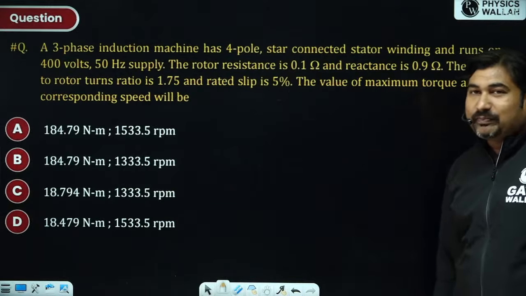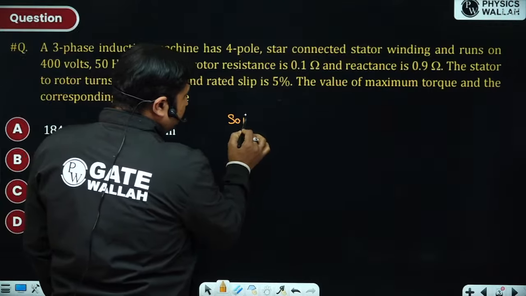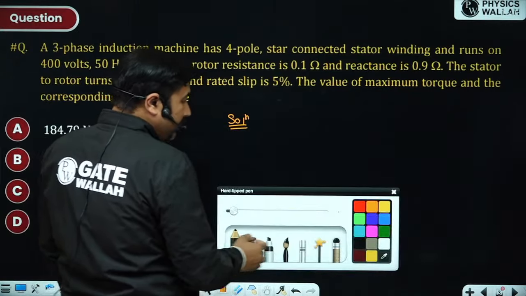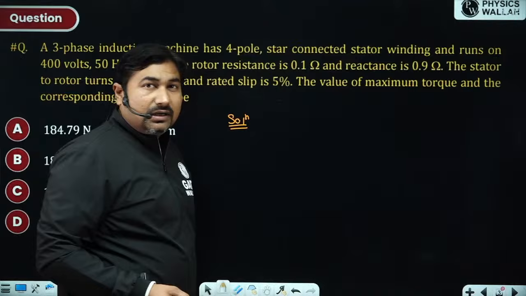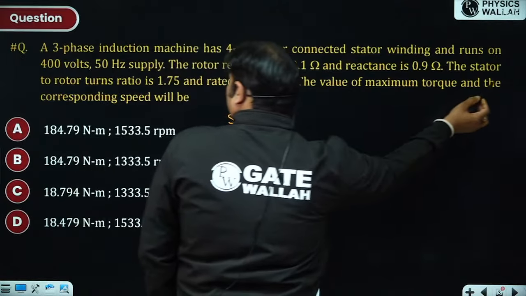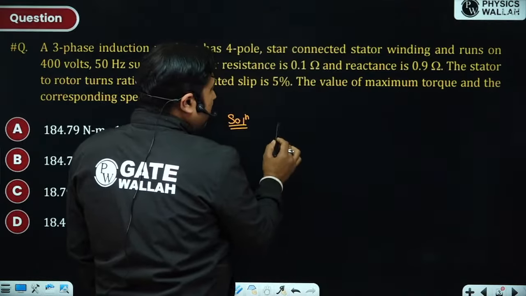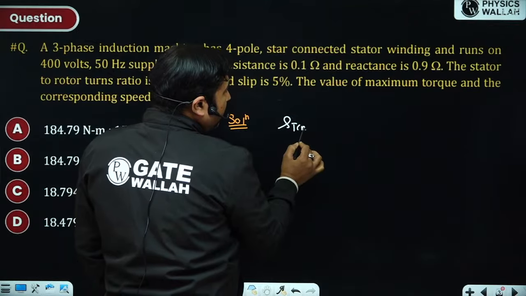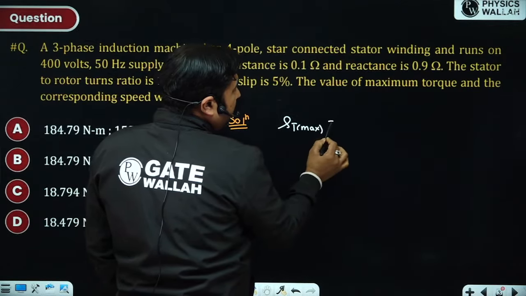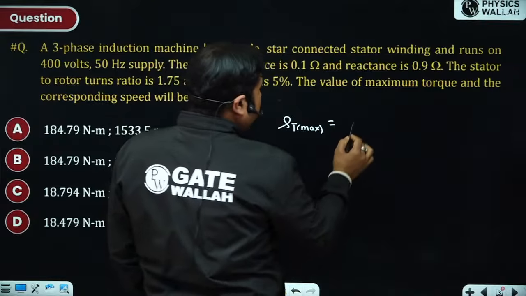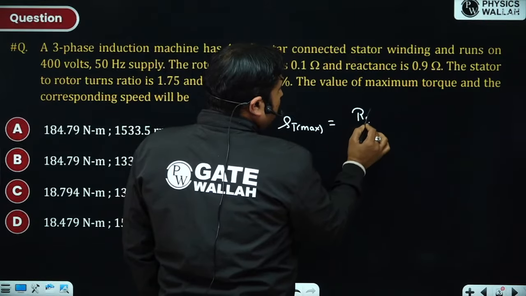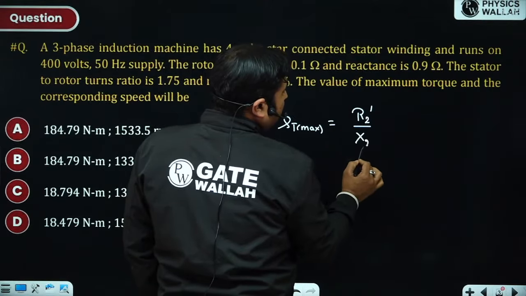So how to solve this question? Very easy, sir. First of all, we need to find the speed corresponding to which torque is maximum. For finding the speed at which torque is maximum, we need to find the slip at which torque is maximum. We all know slip at which torque is maximum is R2 dash by X2 dash.